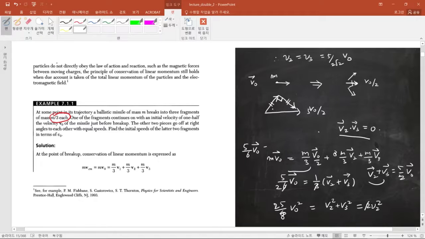Geometrically you can just see that this has to go in this direction, and that is 45 degrees. So this one should be 5 v0 over 2 times cosine 45, which is equal to square root 2 over 2, so it's 5 v0 over 2 root 2.